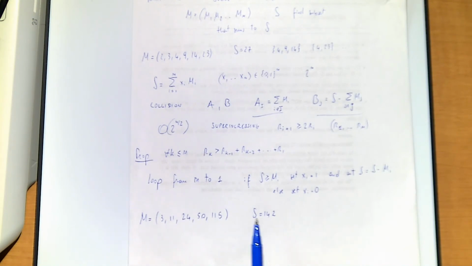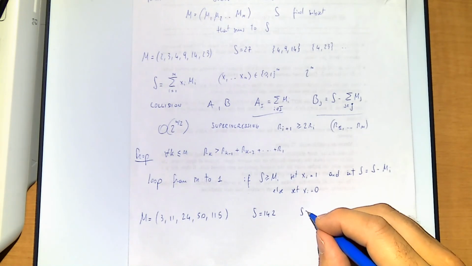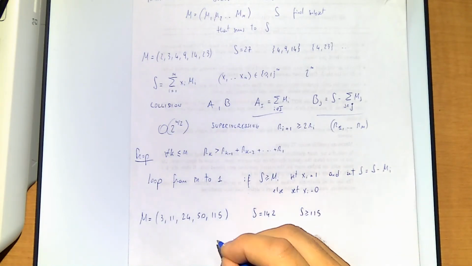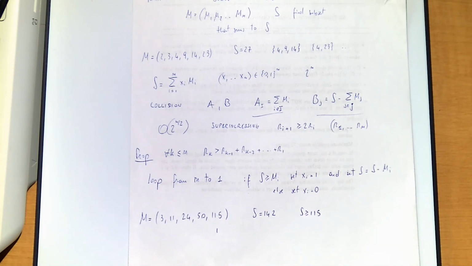Is s bigger than 115? Yes. So I'm going to take 1 here, because it certainly has to contain 115, otherwise there's just not enough numbers to reach 142. Because the rest are smaller than the sum of it.